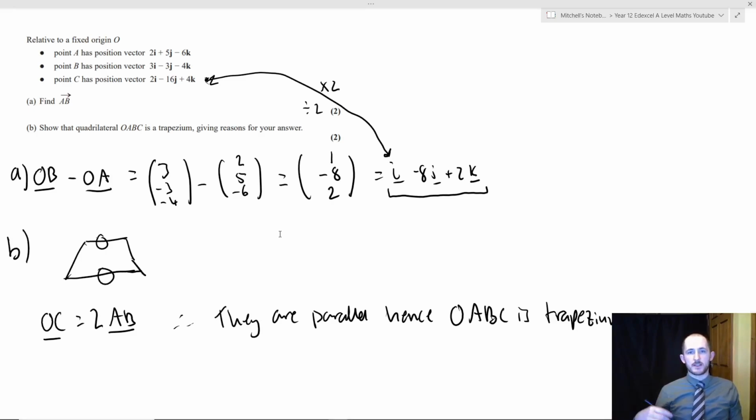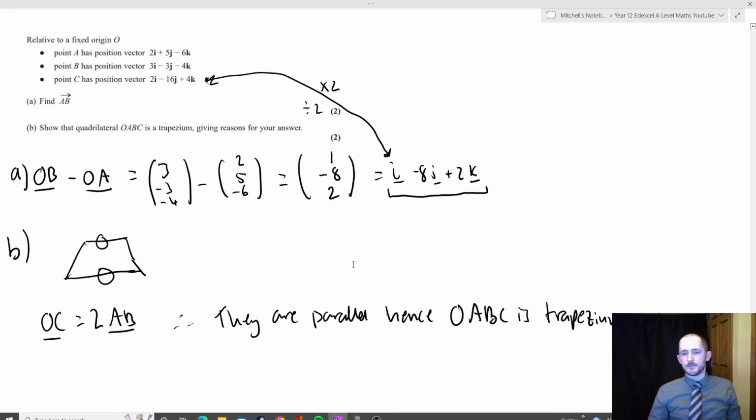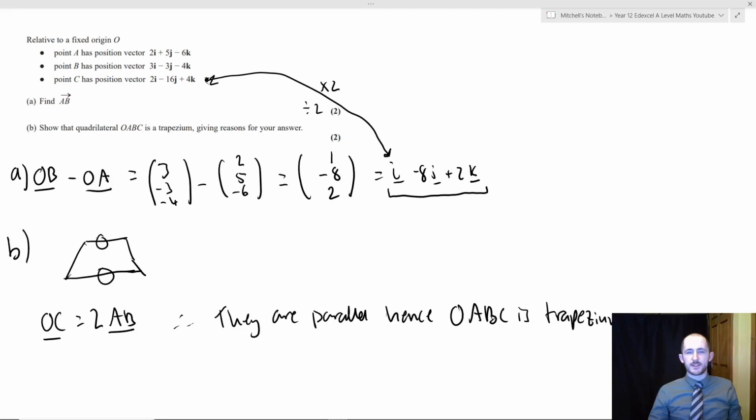Parallelograms have two pairs of parallel sides, etc. Kites, rhombus, etc. They have no pairs of parallel sides. So the only four-sided shape that has one pair of parallel sides is a trapezium. And as we can see, the only two sides that are parallel are OC and AB. Therefore, it must be a trapezium. I hope that that's convincing enough for you.